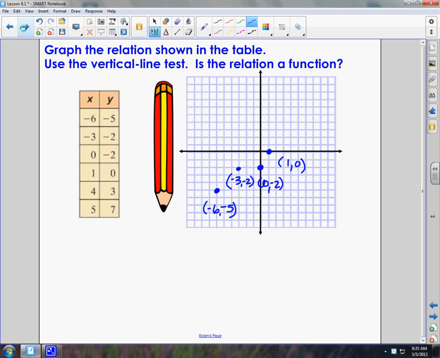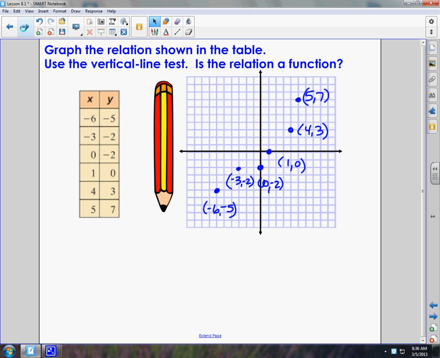Over 4, up 3. And then over 5, up 7. Notice I labeled my points, and each one of my points has parentheses. You have to have parentheses.